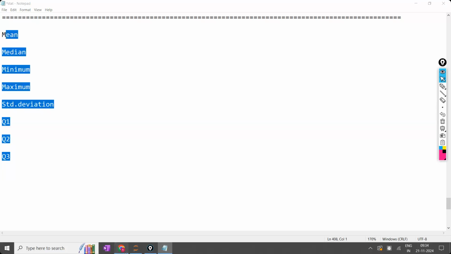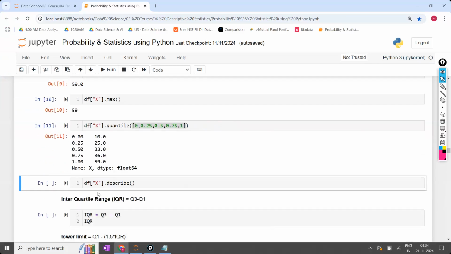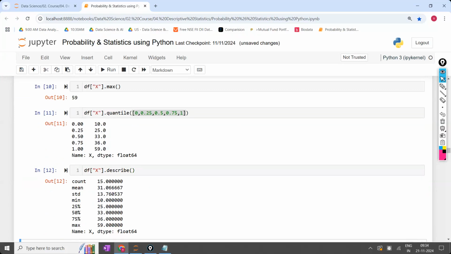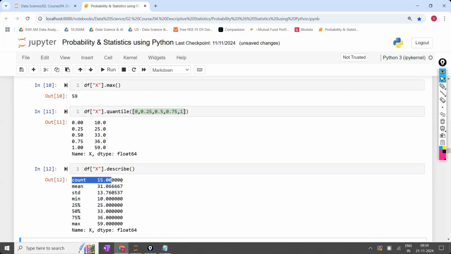All these things you can get in one shot by using the describe function. Describe means it describes the entire data, that is, measures of central tendency along with measures of spread. You get both in a single shot. See here, first count. Count means total number of records. Mean gives the mean value.